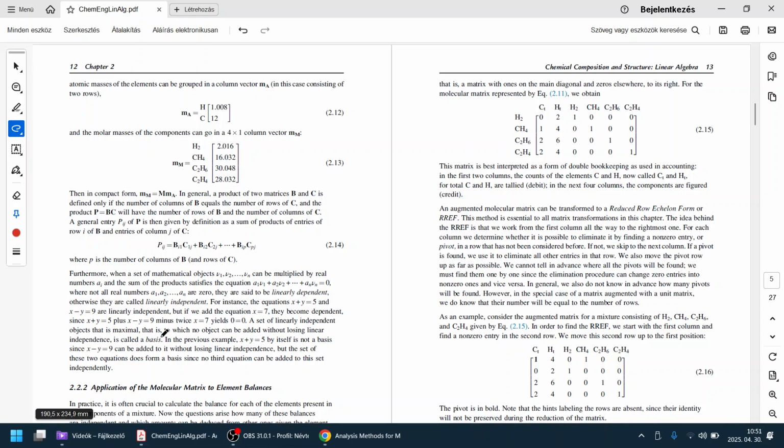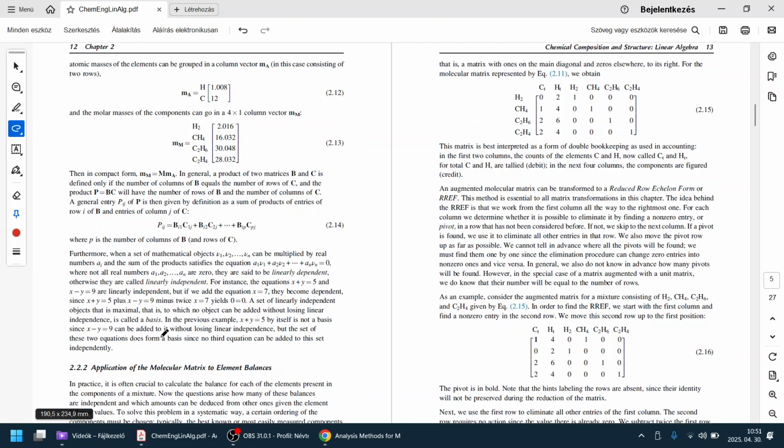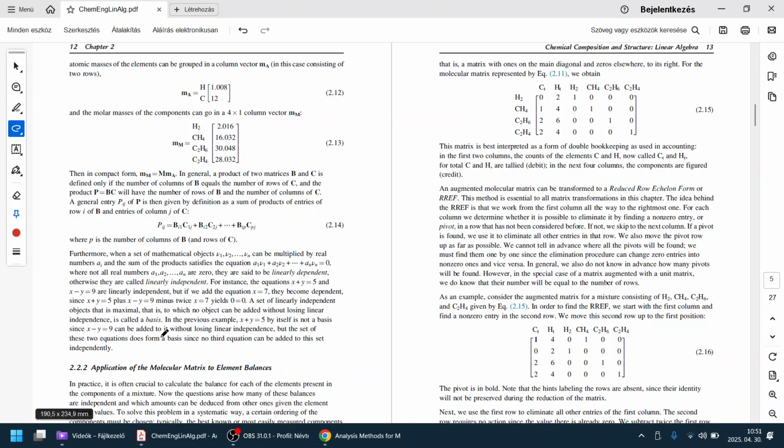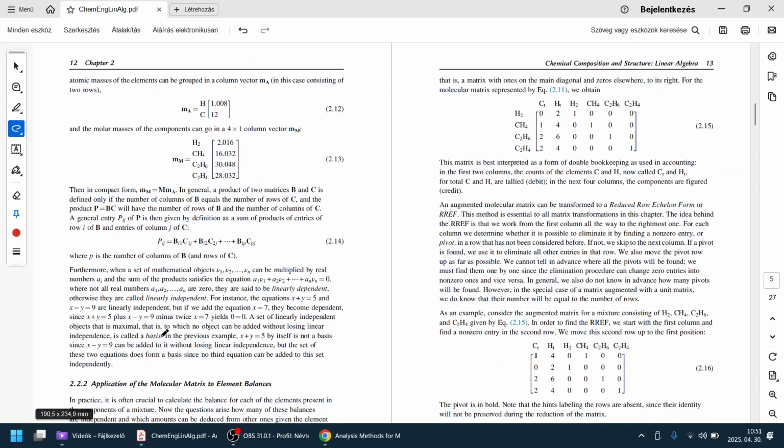You have these components, you have the formulas that you want to produce, and there should be some balance. And which is interesting here, all the components, the atomic form of carbon, the atomic form of hydrogen, the molecular form of hydrogen, and also the molecules are written in this matrix. And this is also a molecular basis. It's radically different than the previous one.